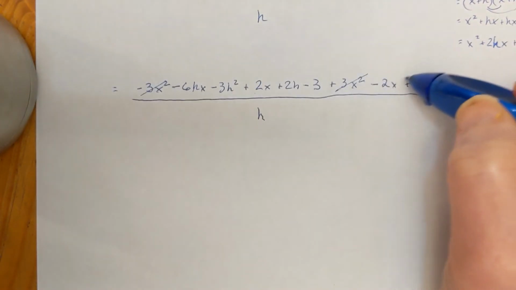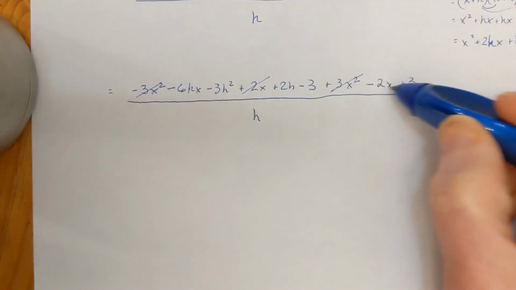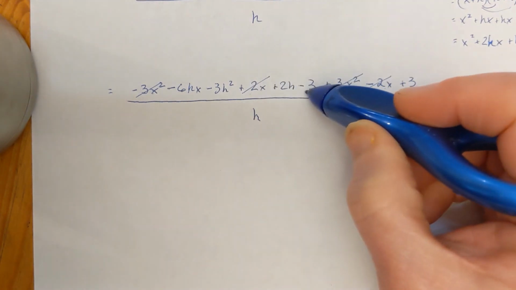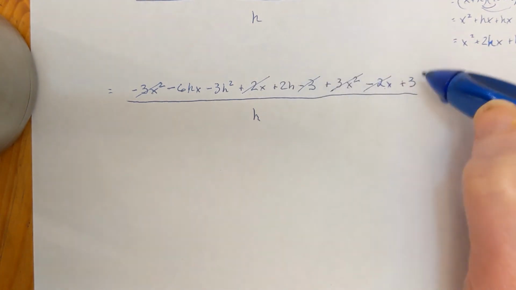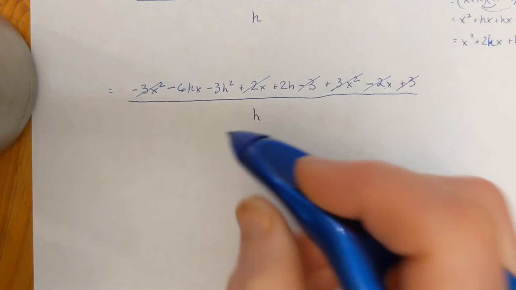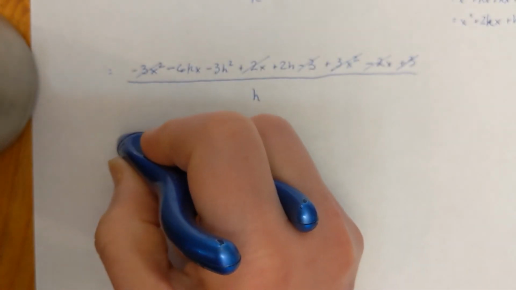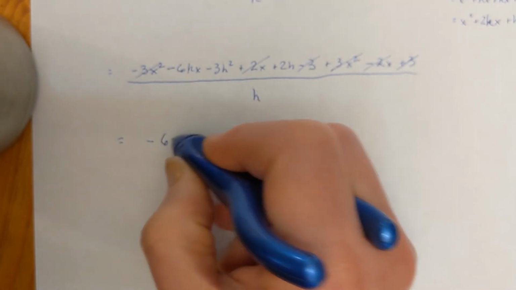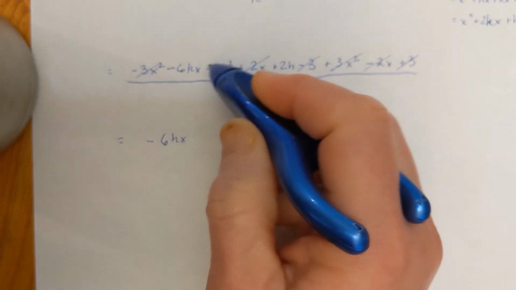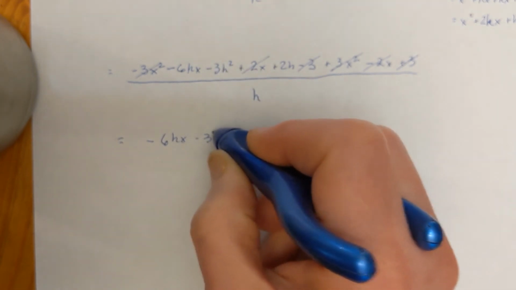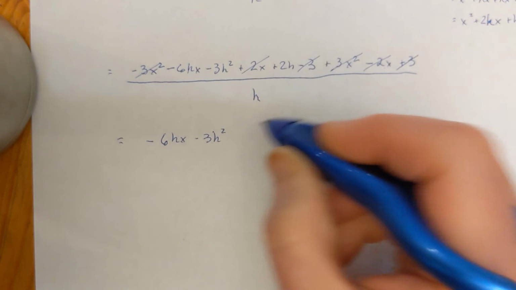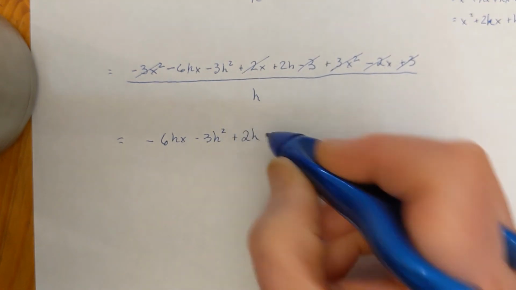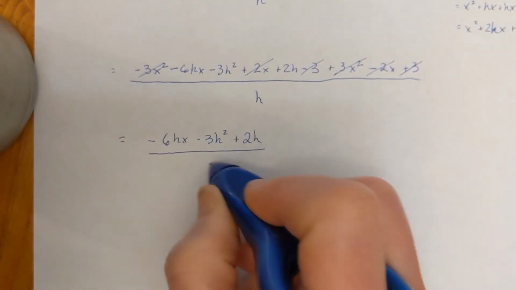I've got positive 2x and negative 2x. And I've got negative 3 and positive 3. So this is going to leave me with negative 6hx minus 3h squared plus 2h all over h.